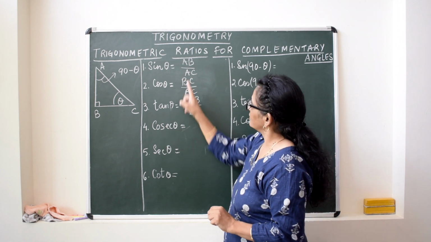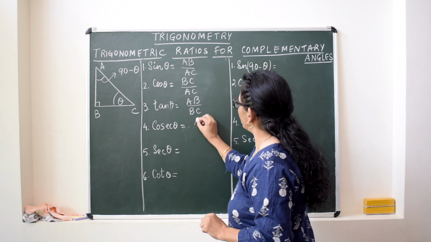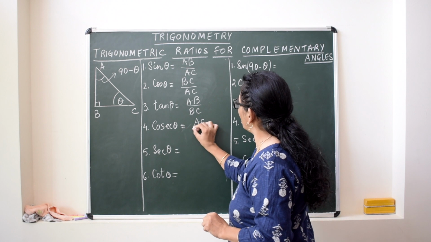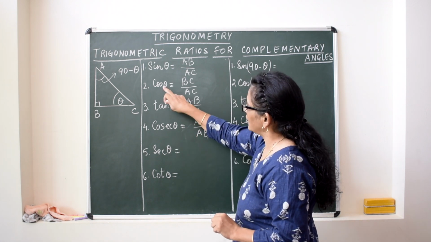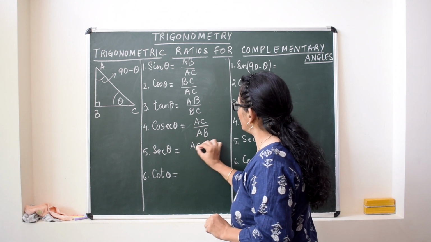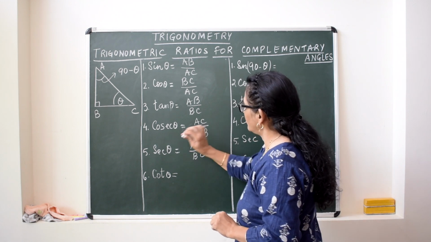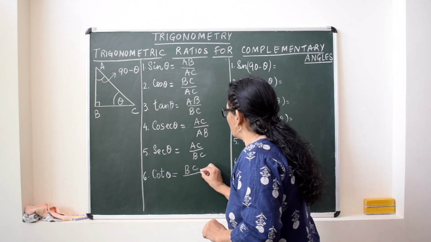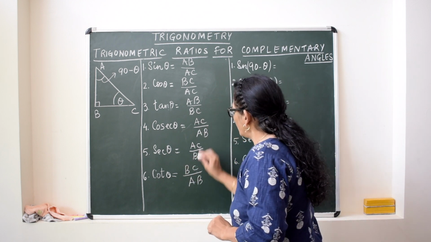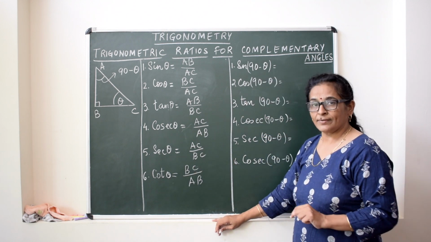So cosec is reciprocal of sine. We can directly write hypotenuse upon perpendicular. Then sec will be reciprocal of cos, so hypotenuse upon base. And cot is reciprocal of tan, so base upon perpendicular. Now these are the 6 according to the definitions we have written.